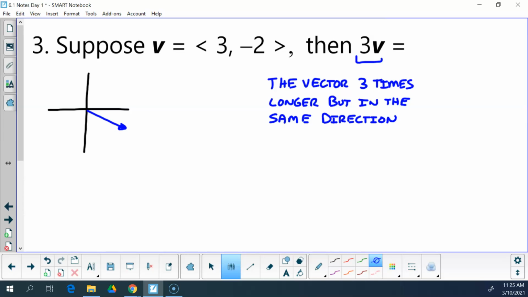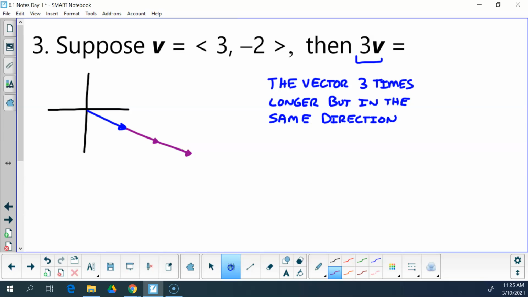So it's kind of like adding on to that vector. And you just keep going. There's 2 times as long. And you end up there.